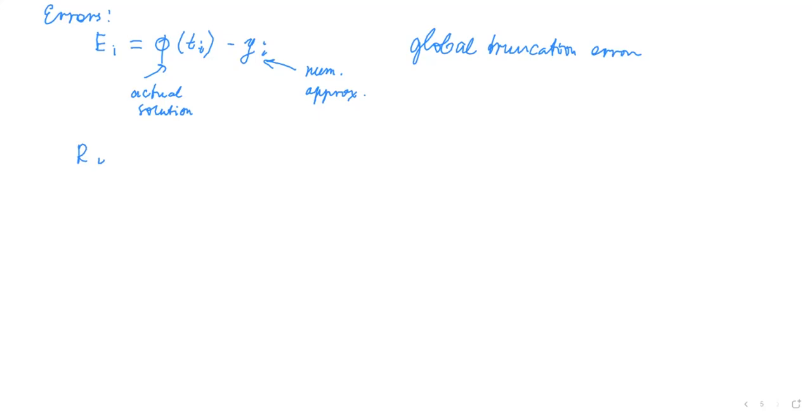Give me a second. It's going to be yi, which we're supposed to calculate if we had a computer with infinitely many digits, keeping all the numbers, and the actually computed value y.